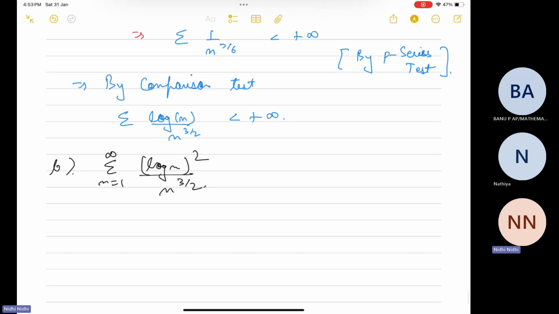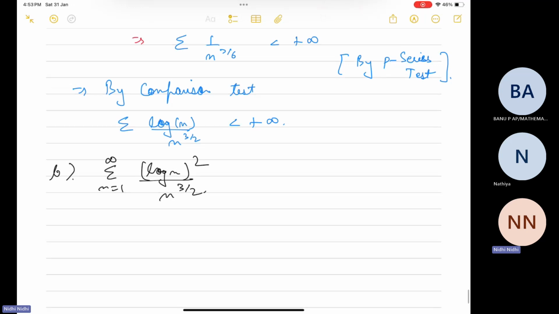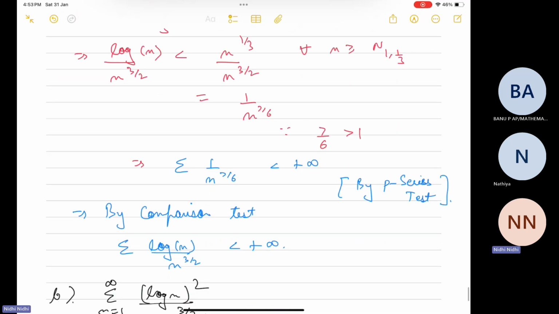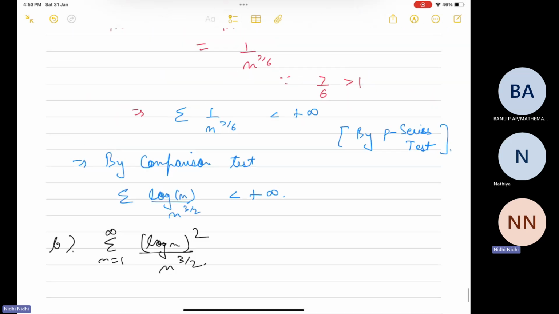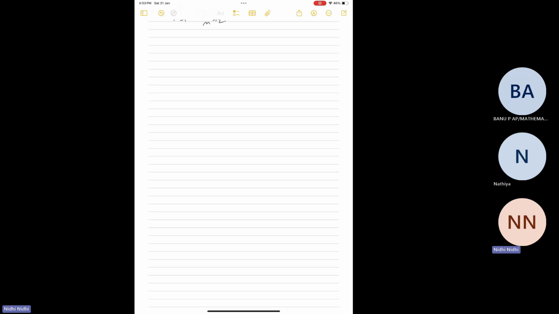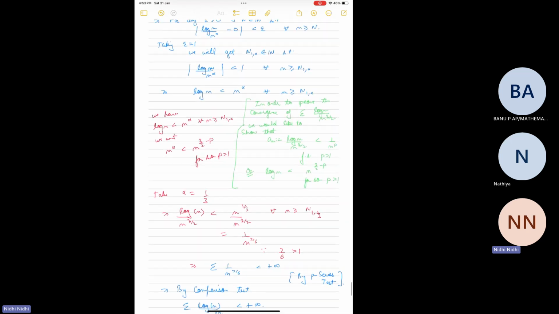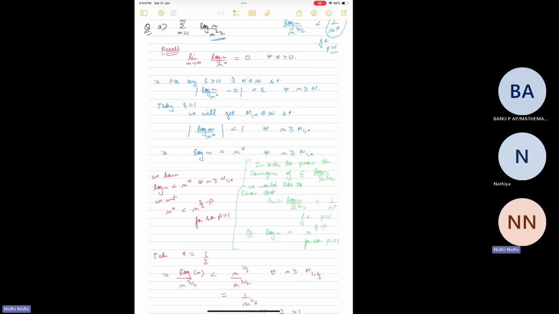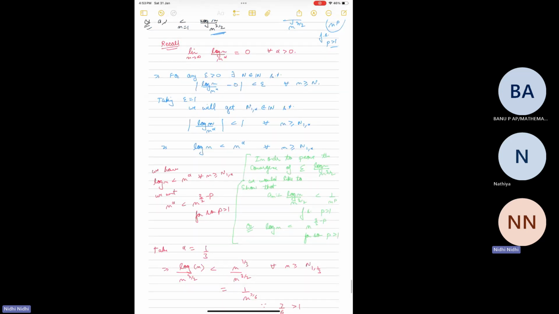You'll just have to look for some alpha, again using the same thing, so that you can follow exactly the same steps as done in the above part to prove that the series will be convergent. If you have any doubt in this part A, please let me know because using that only you will be able to do part B.